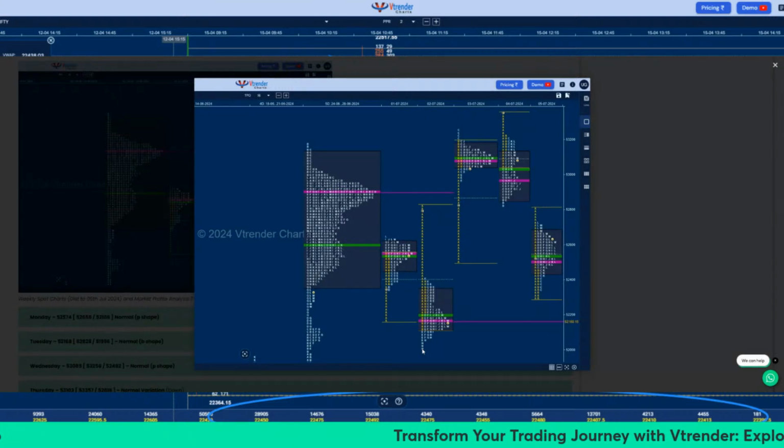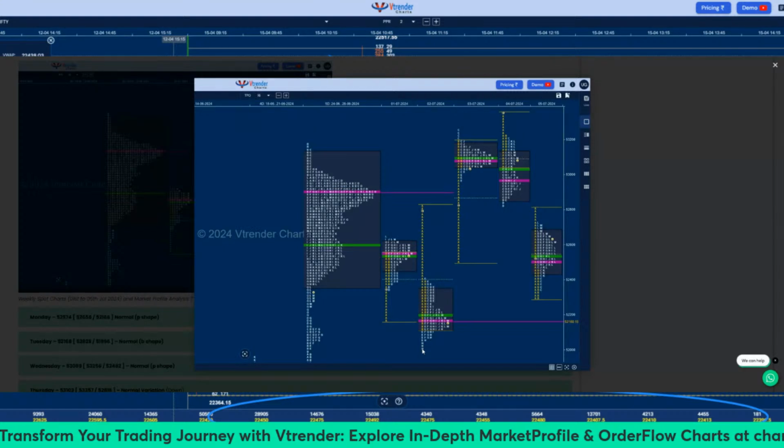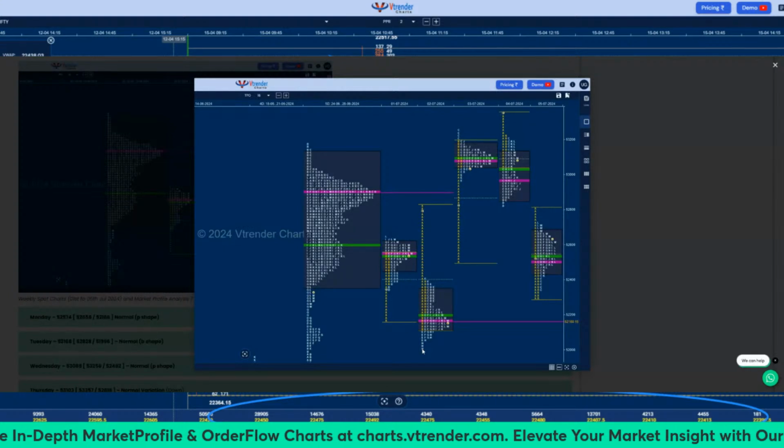So when you see this kind of auction happening, when you see a player has entered the auction but is not able to continue the auction in his direction, you know that there is equal force from the other side, and the market most likely is going to be in a range.